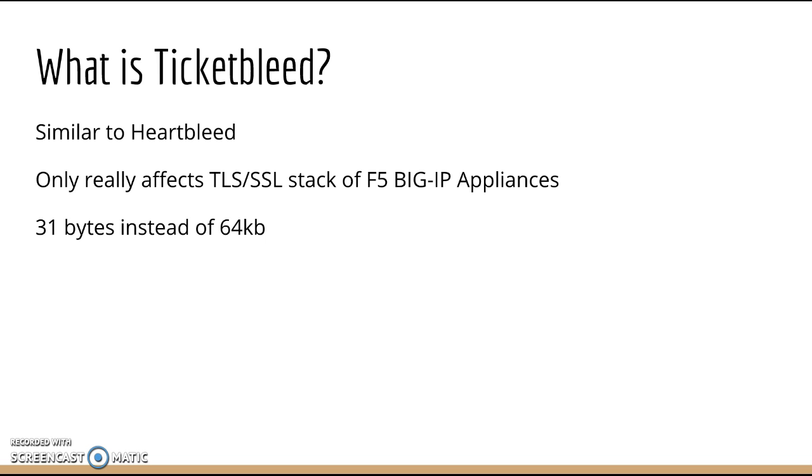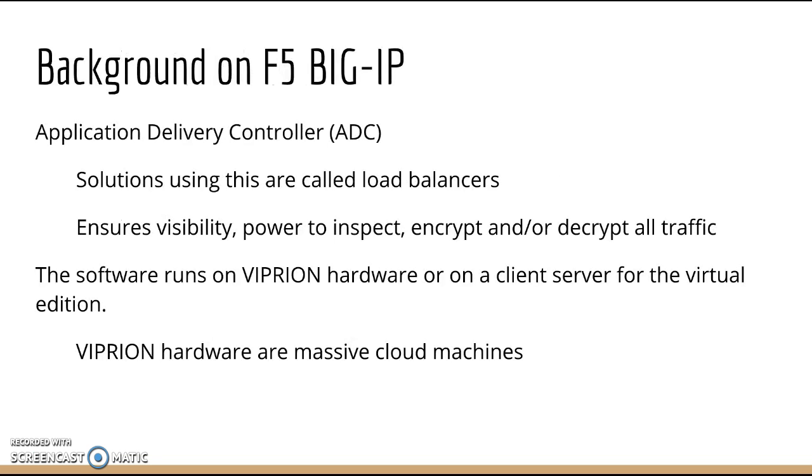I'm about to explain what F5 Big IP appliances are if you don't already know. So F5 Big IP appliances offer application delivery controller services, essentially. That is a server or software that runs on a server, that's offering cloud computing.